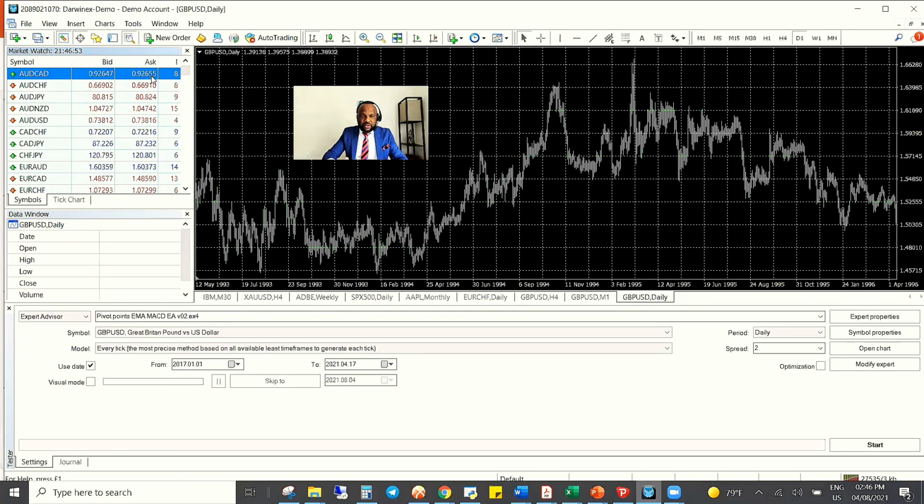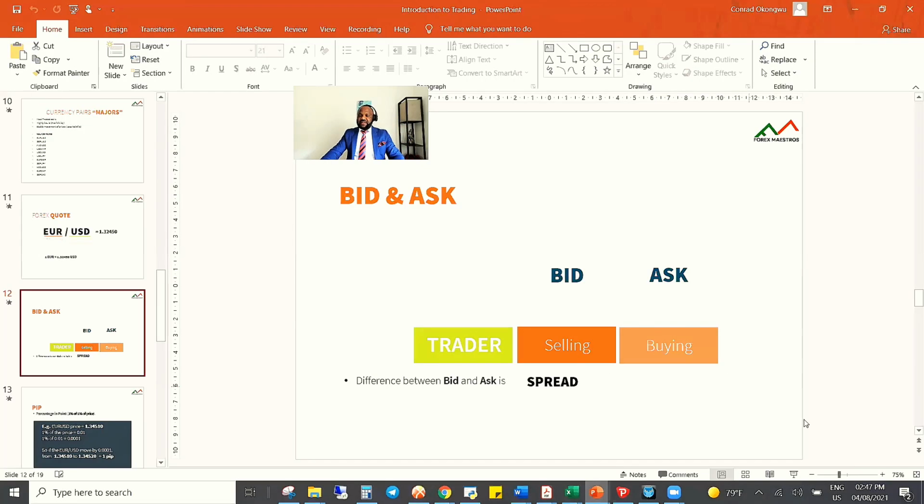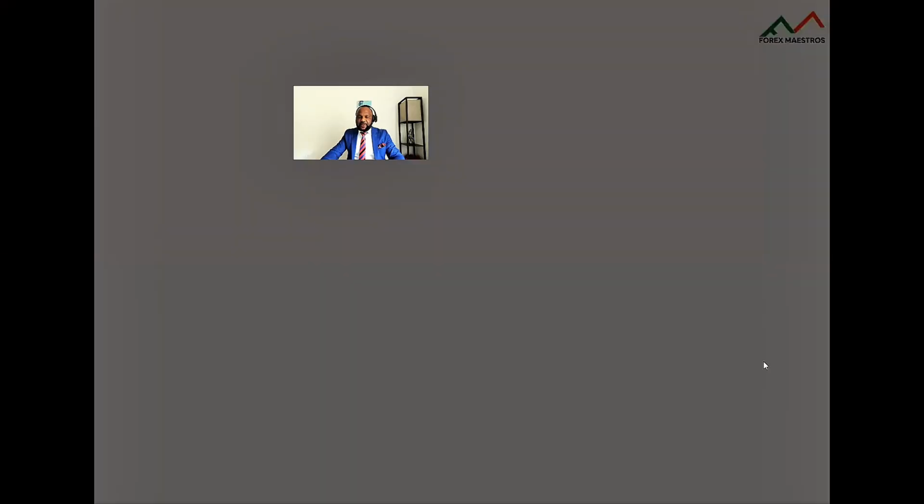If you come into a broker's platform like this, you should see the bid and the ask price changing per second, telling you at this moment in time, this is the price of the broker you will use. The bid is the price the broker wants to buy from you. The ask is the price the broker wants to sell to you. Write it down.